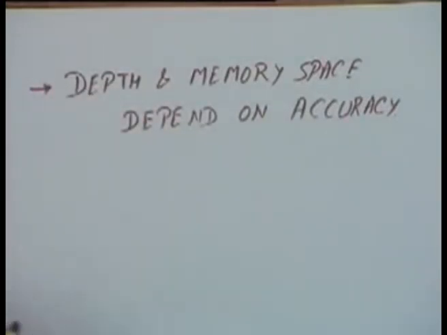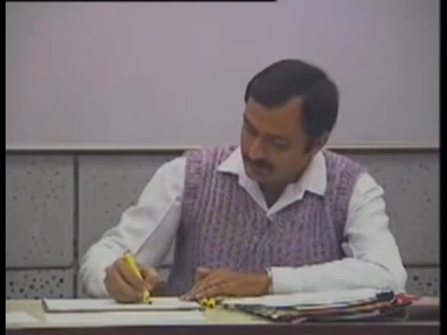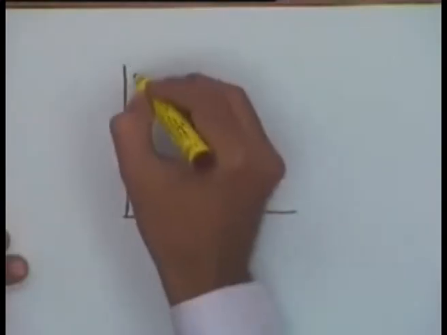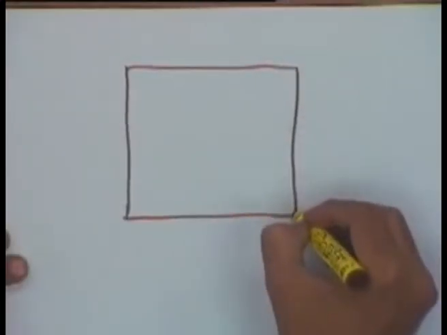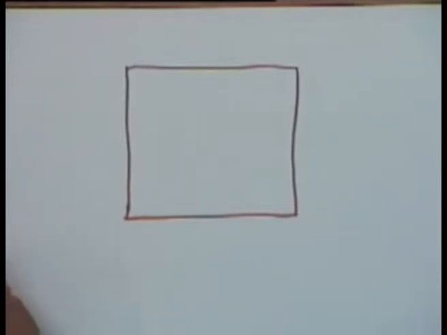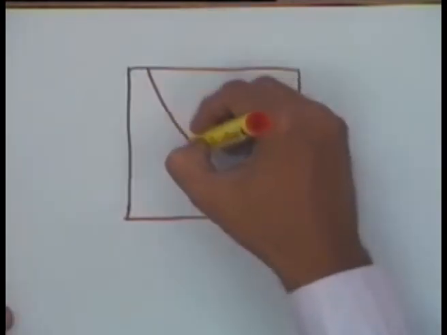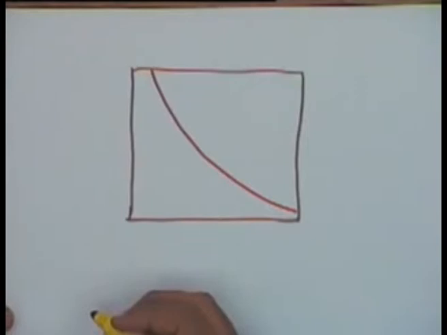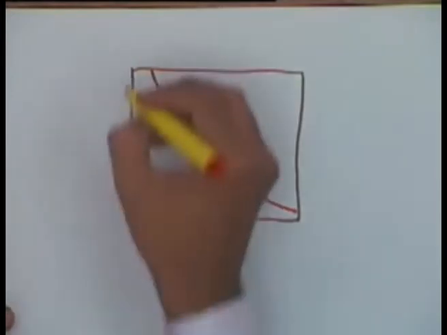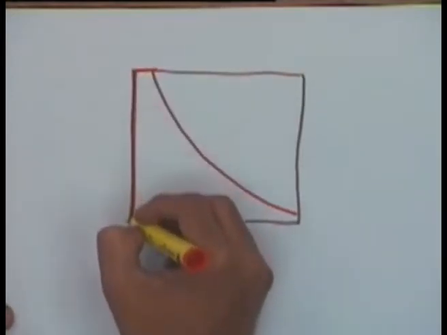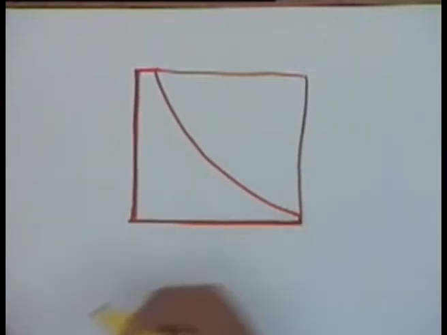The other thing that is important in this is that, let's say in this region I want to model a curve which looks like this. That means I want to model, let's say, this area.